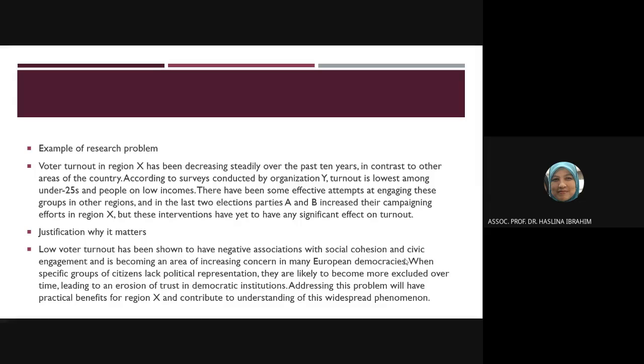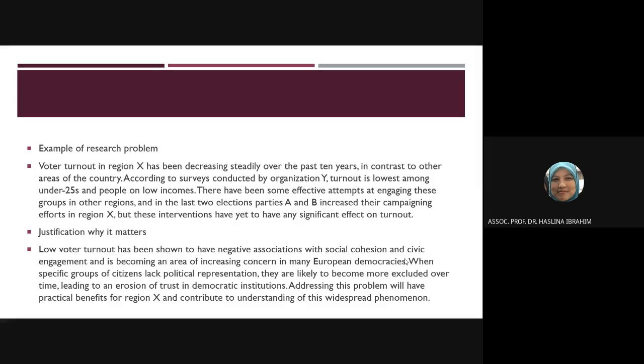When the recent elections took place, and individuals who contested campaigned in that region, it was found that nothing helped.